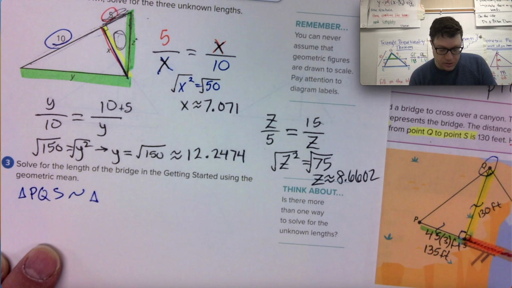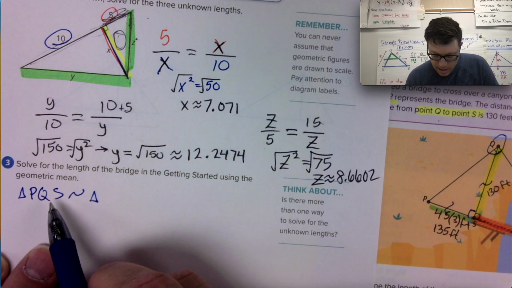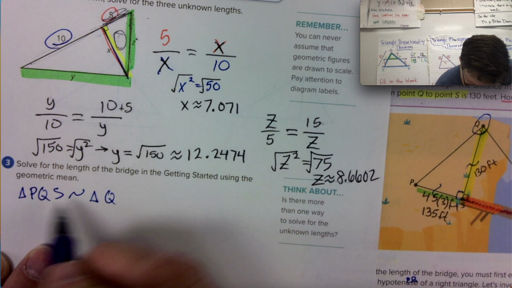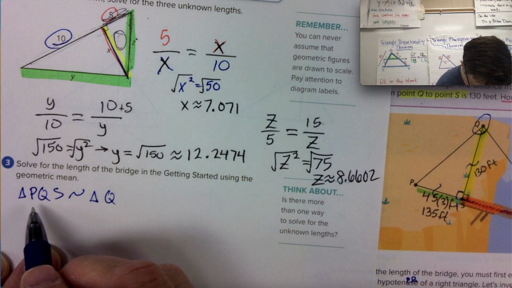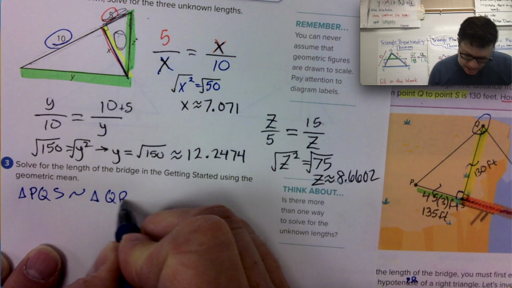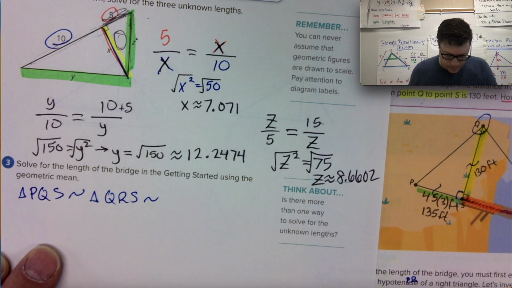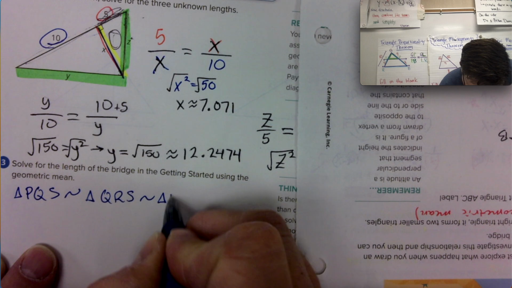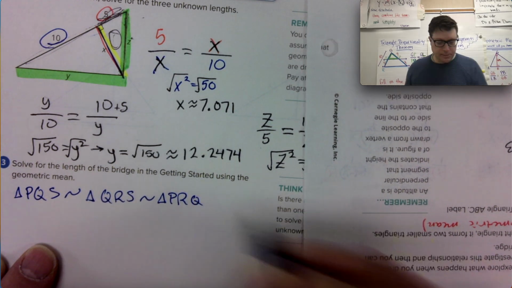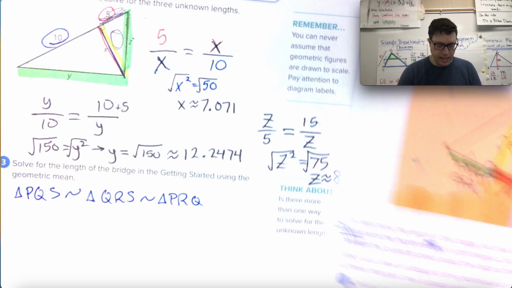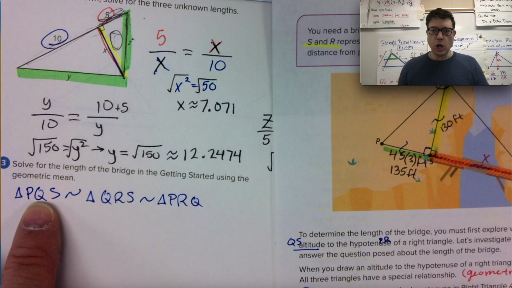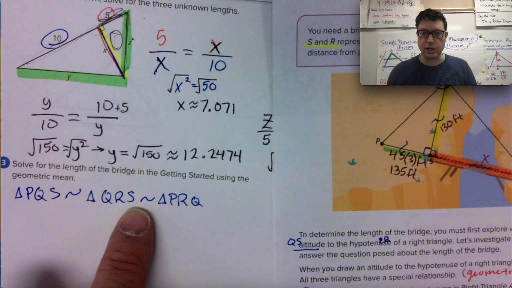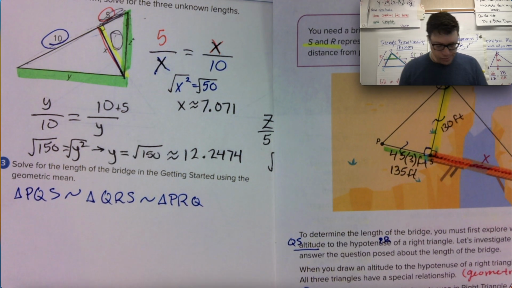So in the small triangle, it's PQS. In the medium triangle, it's QRS. And then in the biggest triangle, PRQ. I'm trying to keep the letters consistent so that the last letter is always on the 90-degree angle. S is on the 90, S is on the 90, and Q is on the 90 for their respective triangles.